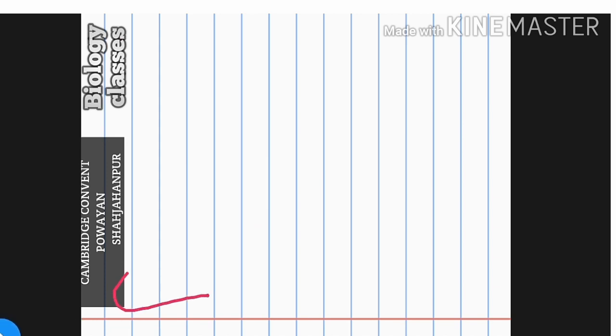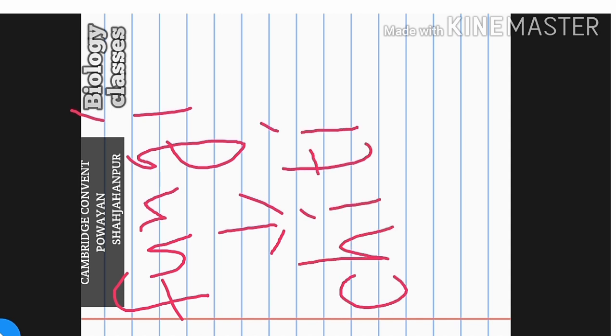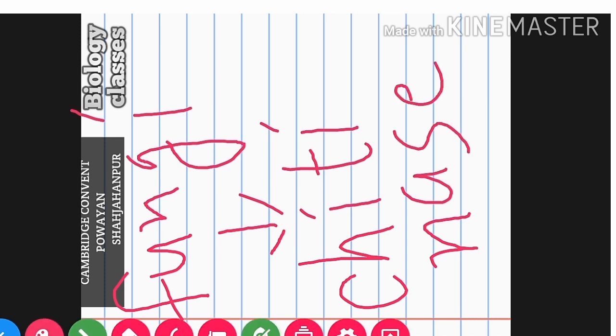Similarly, from fungal cell or fungi, you know that the cell wall of fungi is made up of chitin. Chitin is the component of the cell wall. That's why chitinase will be used here. So depending upon the type of the cell, we will use the respective enzyme.